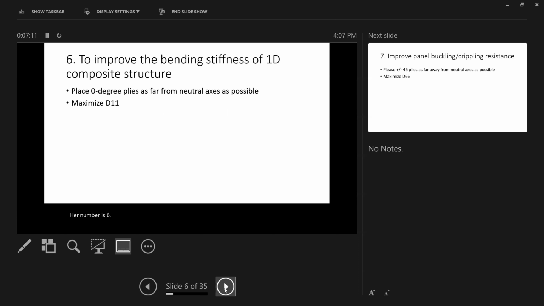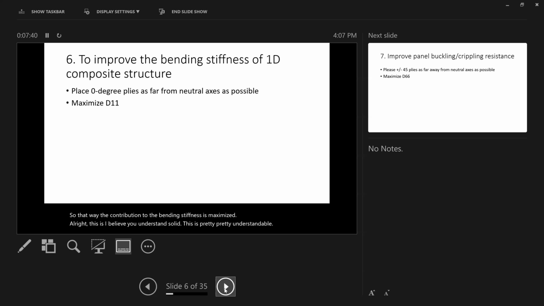Let's say you have a 1D structure and bending is a critical aspect. In this case, you want to place 0-degree plies as far away from the neutral axis as possible, so that the contribution to the bending stiffness is maximized. If you understand solids, this is pretty understandable.